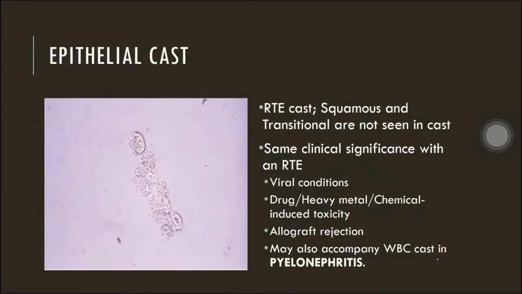Next, for epithelial cast. So, squamous and transitional are not seen in epithelial cast. So, usually, ang only epithelial cell lang na naka-attach sa epithelial cast natin is, of course, RTE. So, bakit kaya hindi kasama si squamous and transitional? So, if you try to remember, casts are formed at the distal convoluted tubule. So, sa mismong kidney.